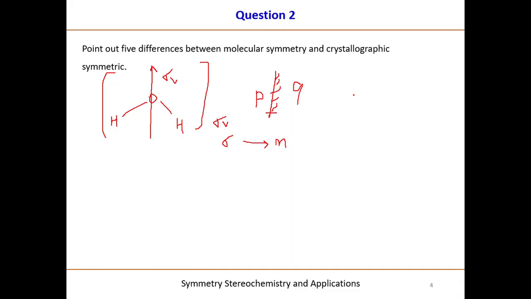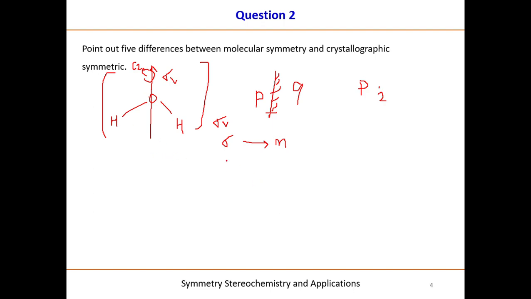The next difference is that in crystallographic symmetry, suppose we have any molecule and we pass a two-fold axis through it. Suppose here we are passing the axis of symmetry C2, correct? C2. So we will get an indistinguishable image of the molecule.